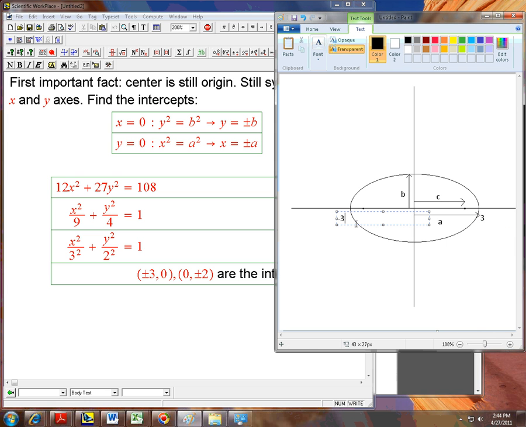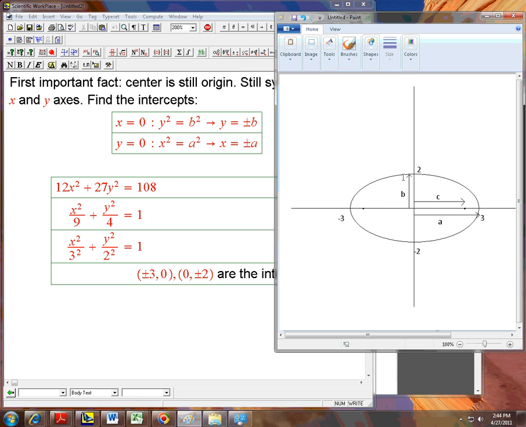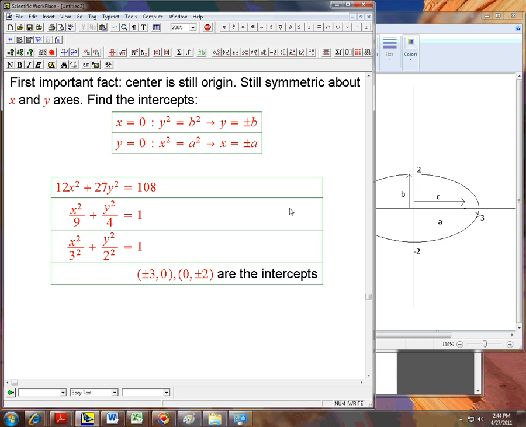This would be minus 3. This would be 2. And this would be minus 2. And so there's enough for a sketch. We just plot those 4 points and trace something that looks vaguely like a stretched circle. We don't have to worry about anything in between necessarily. If we wanted a more precise sketch, there's a couple of other points that aren't too hard to plot, but they're not super important.